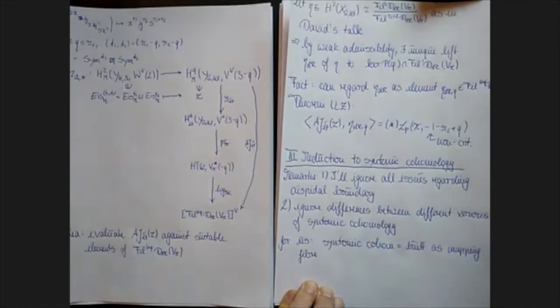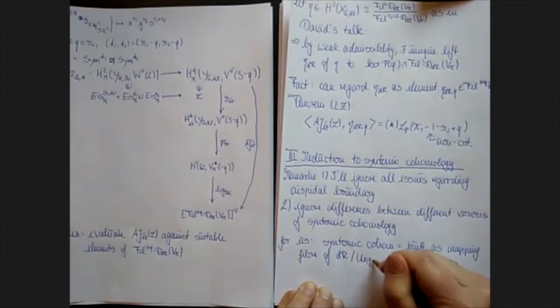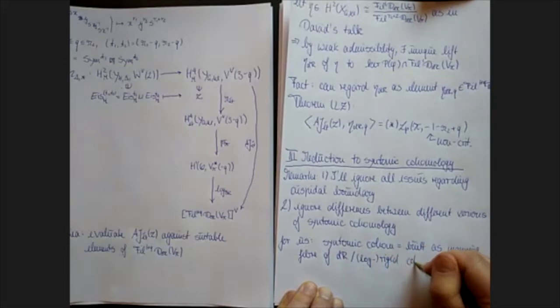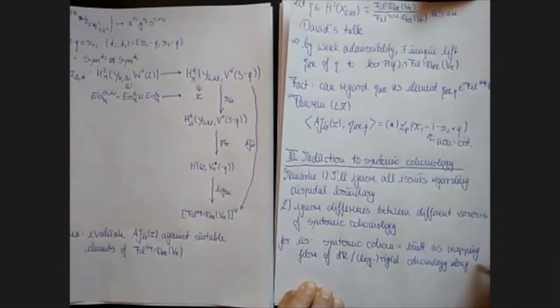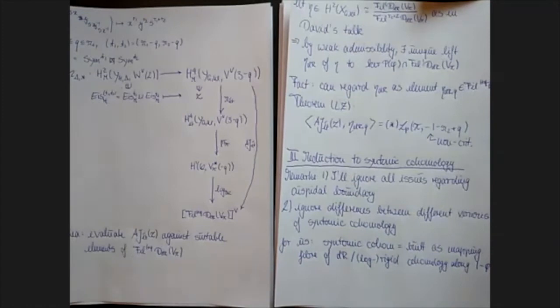of the de Rham and rigid or log rigid cohomology along 1 minus phi. That's all you need to know. I'm not even going to give a more precise definition.